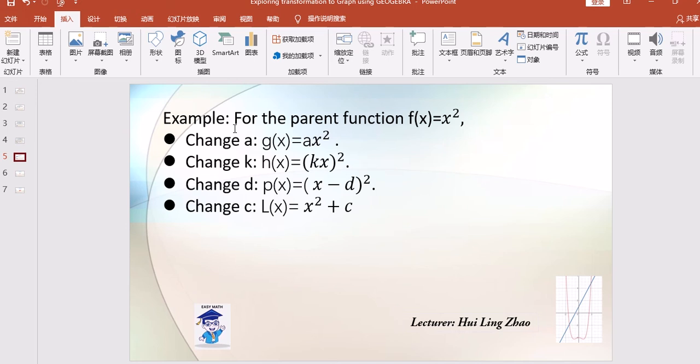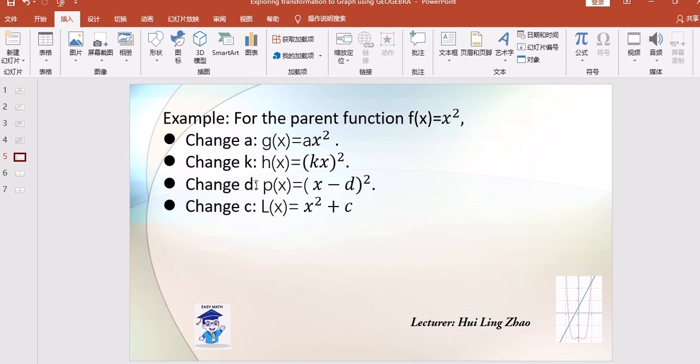For example, let the parent function be f(x) = x squared. The first one, change a. Let g(x) = a times x squared. Second, change k. Set h(x) = (kx) squared.